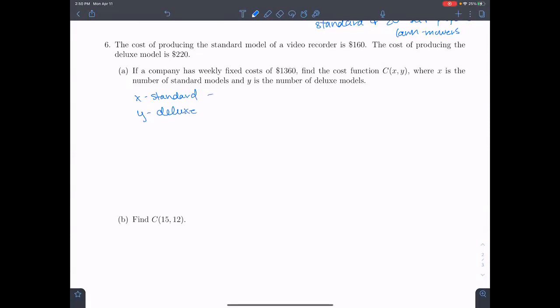So you've got a standard one, it costs $160 to produce. The deluxe ones cost $220 to produce. And we have that fixed cost of $13.60. So C of X, Y is going to be fixed cost plus cost per standard times the number of standard, right?